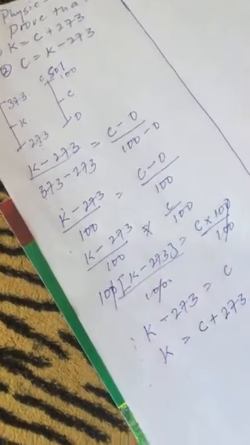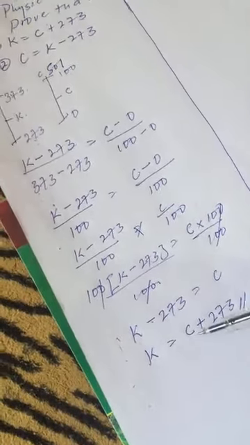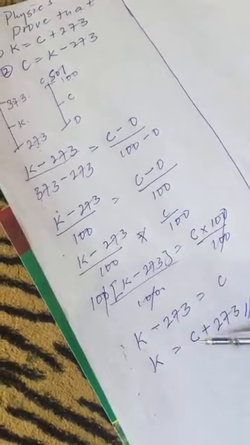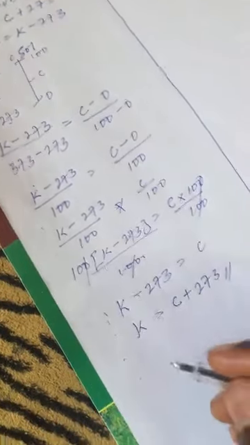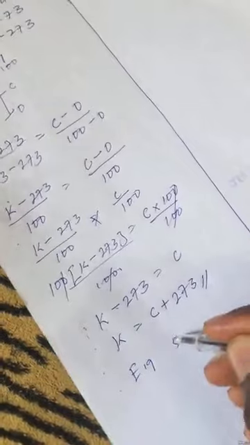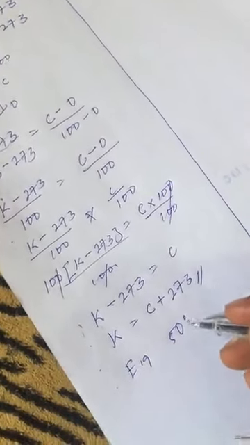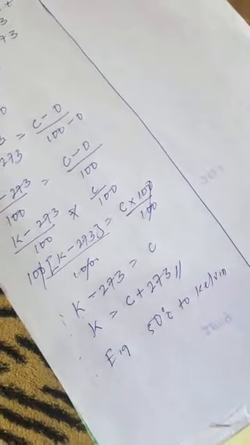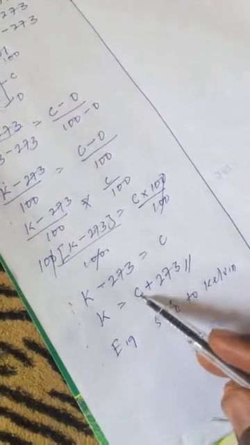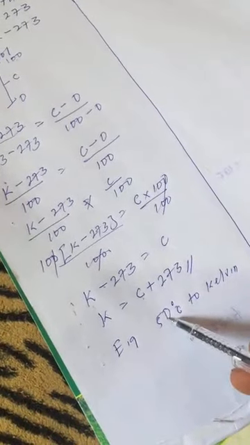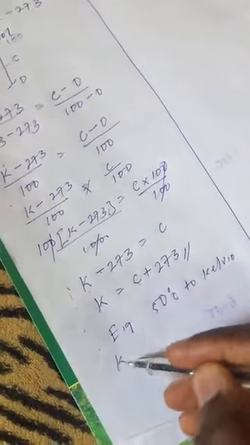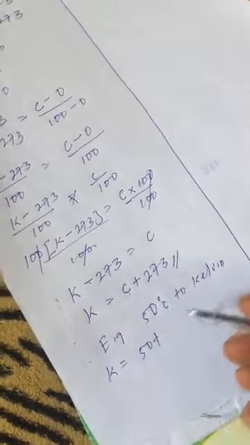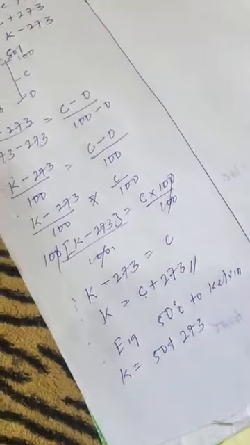Now this calculation: if you are given a question in Celsius scale and you are asked to convert to Kelvin scale, all you need to do is put the value they gave you in Celsius scale. For example, if you are given 50 degrees Celsius to convert to Kelvin, the place where we have C here, you put the value for Celsius, which is 50, and that will become k is equal to 50 plus 273, and we'll have our answer.